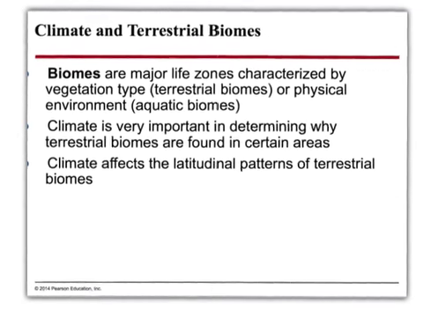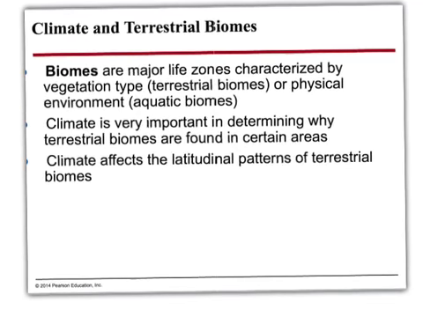So, climates and terrestrial biomes. What is a biome? Major life zone. All right, so a biome could be considered a part of an ecosystem, but it's where certain plants and animals live.